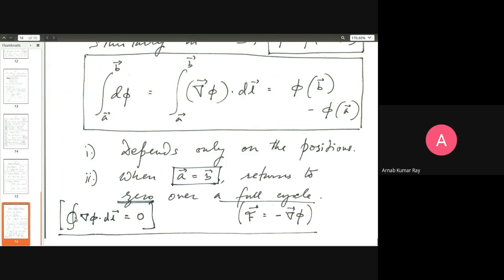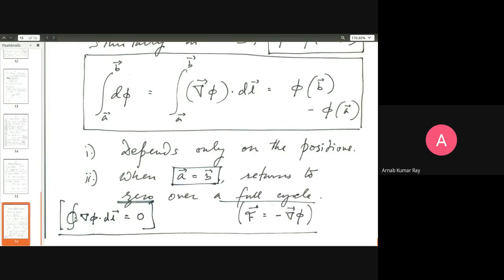Now, do you see how we talk about work done in a gravitational field over a closed cycle being 0? I ask you to lift a heavy suitcase upstairs. You go upstairs, and then I ask you to bring the suitcase down again.